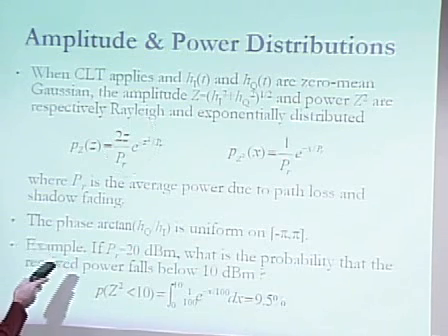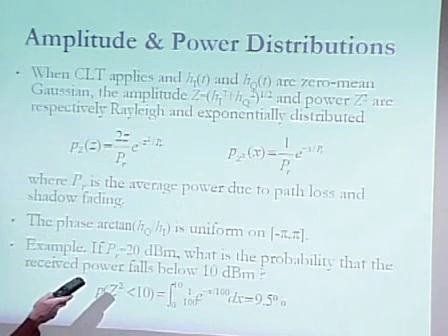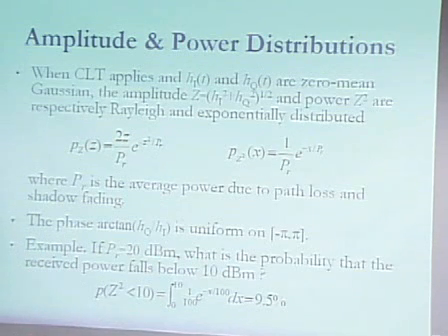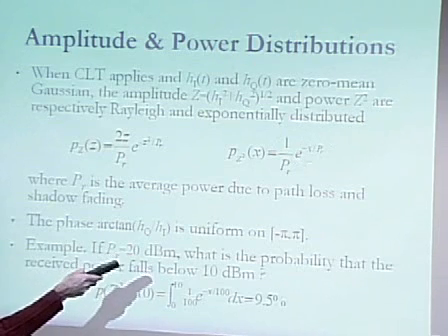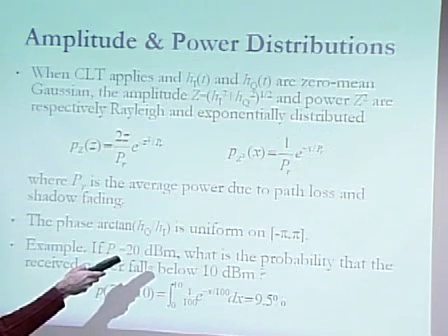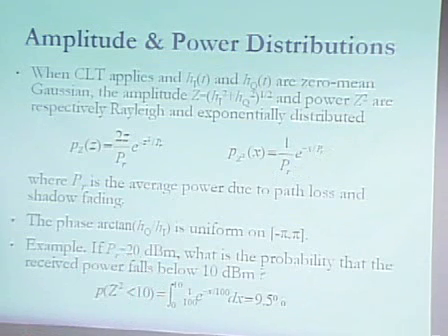So that's the amplitude, when the in-phase and quadrature components are Gaussian. The square of the amplitude, which is the power, has an exponential distribution, just exponentially decaying, with P_r again being the average power due to path loss and shadow fading.